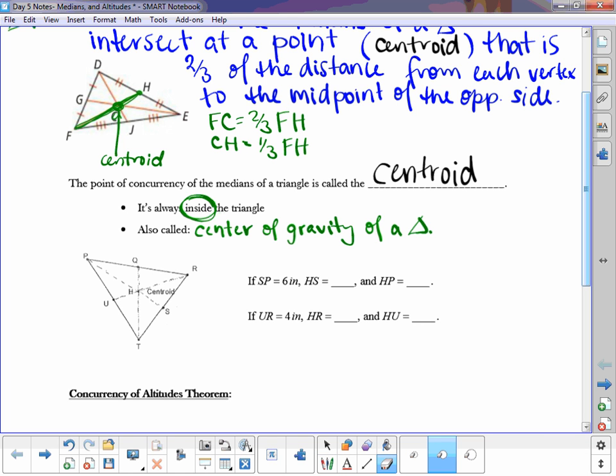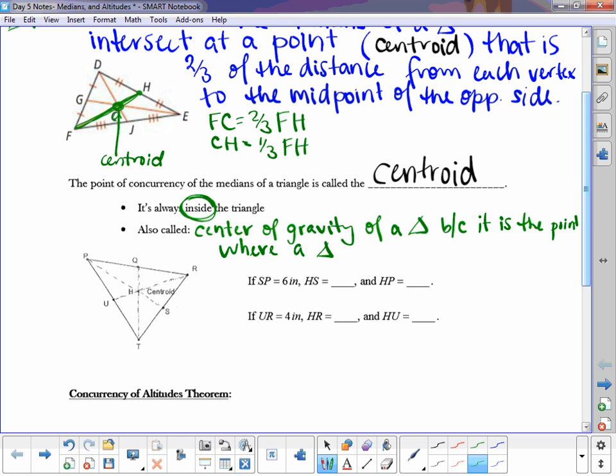It's called the center of gravity of a triangle because it is the point where a triangular shape will balance.